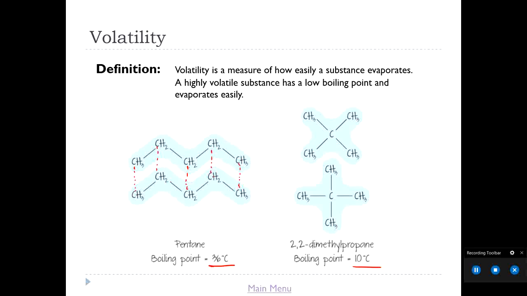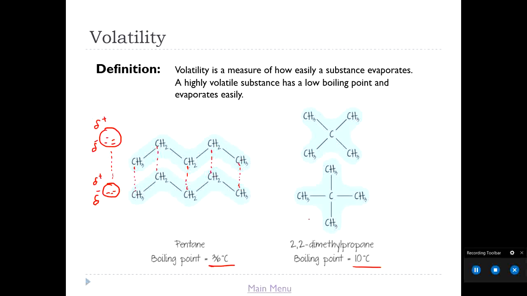The electrons in a carbon atom in one molecule move to one side, which creates a temporary dipole, which then induces a temporary dipole in the other carbon atom. So we see multiple interactions here.